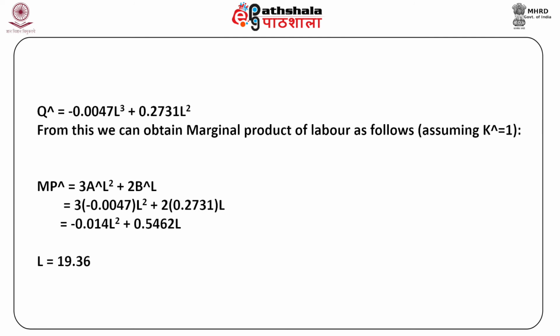MP hat = 3·A hat·L² + 2·B hat·L, which is equal to 3·(−0.0047)·L² + 2·(0.2731)·L, which is equal to −0.014 L² + 0.5462 L. From this, we can calculate the level of employment after which the diminishing marginal returns sets in: L = 19.36.